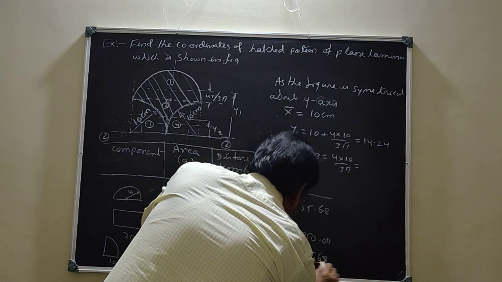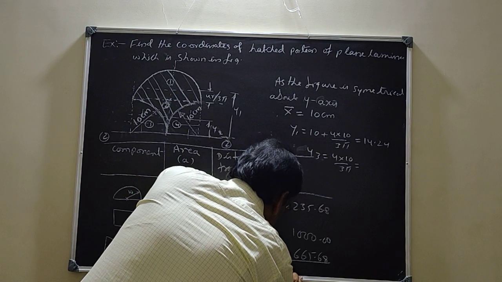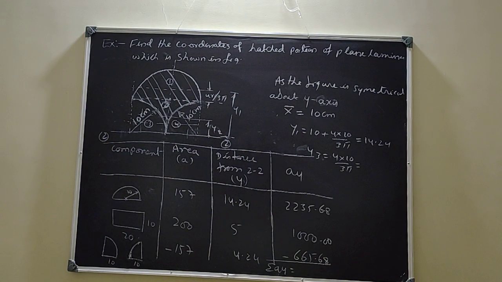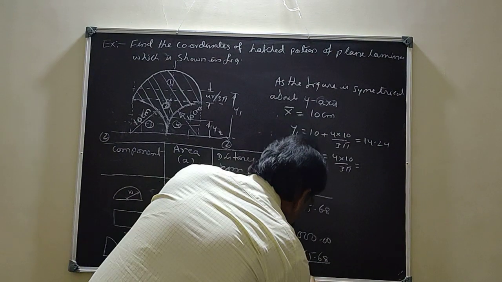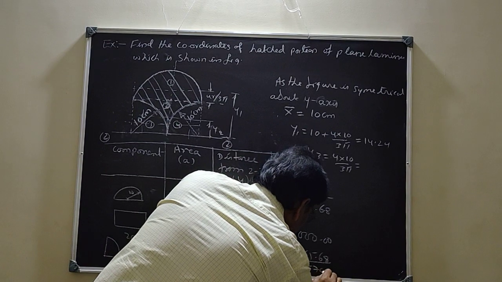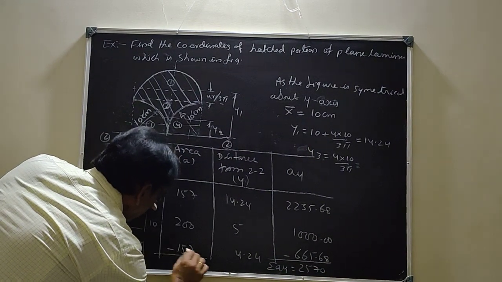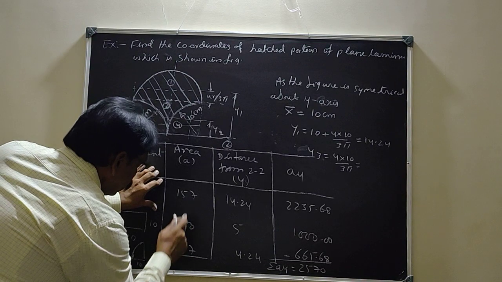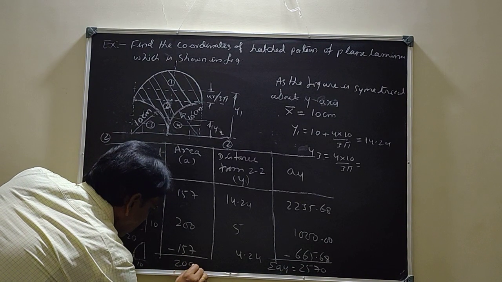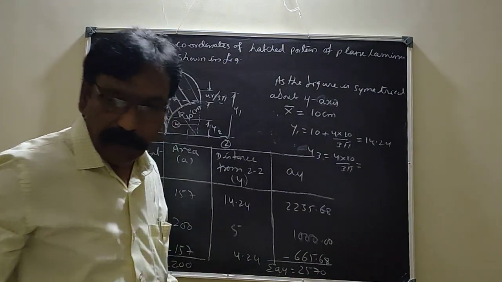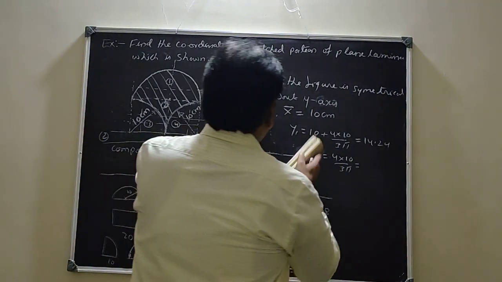So now again sigma ay is equal to 2570, and sigma a is equal to, here these two get cancelled, and the one left out is 200. So therefore your y bar can be calculated.